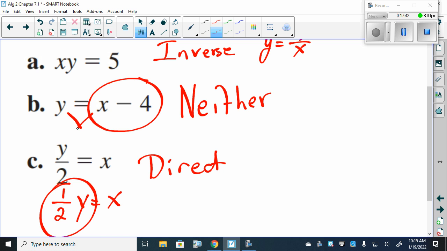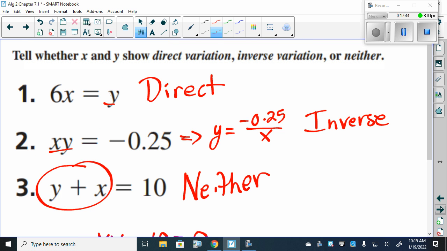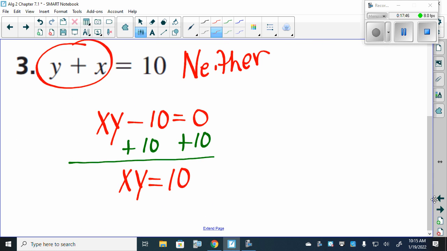We can't have them added or subtracted. In this case down here, x and y are together with multiplication. They're nowhere else. It's just that our constant term got subtracted from them, just to put it on the same side of the equation. And that's kind of the main difference. Any other questions on this here?